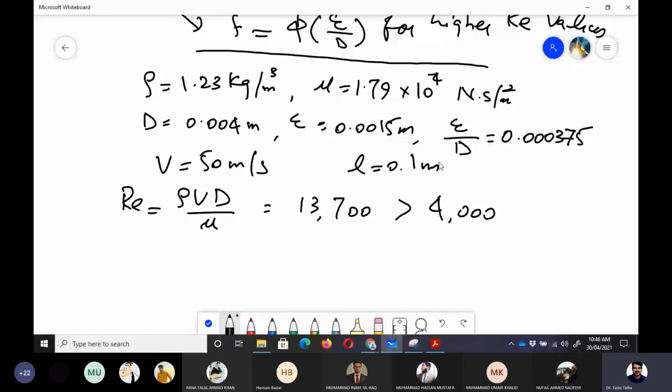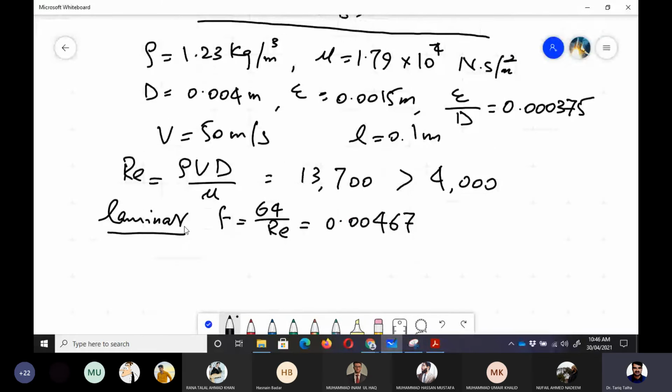If the flow is laminar, then f, the friction factor, would be equal to 64 upon Reynolds number. The Reynolds number value is 13,700, and if we put it here, we can calculate the value to be 0.00467. Then we just discussed that delta P is f L upon D times rho v squared upon 2.